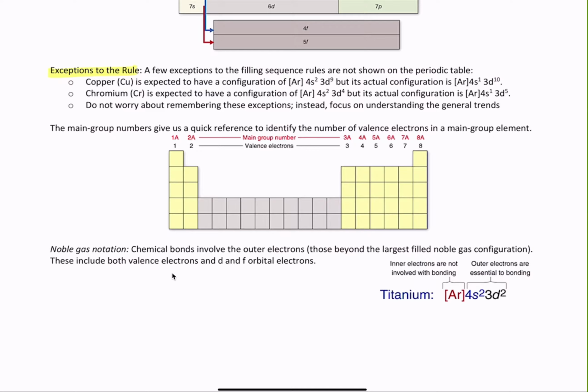In the noble gas notation, the inner electrons will be represented with the symbol of the noble gas in brackets, followed by the outer electrons. And within the outer electrons, only the valence electrons are those that belong to the sublevel S and P. D and F orbital electrons are just outer electrons. They are not qualified as valence electrons.